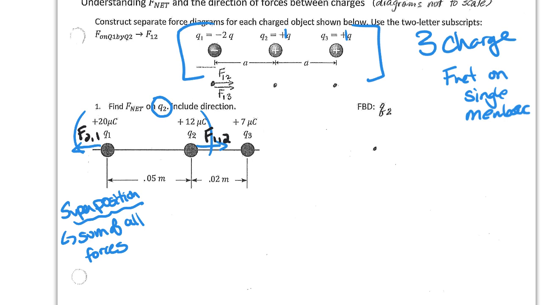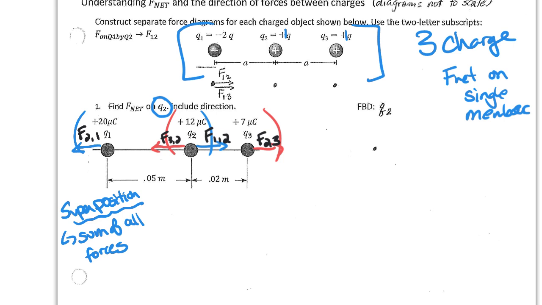I'm going to use color. So we just examined what 1 and 2 do to each other, but we ignored 3. Now what I want you to do is to ignore 1 and ask yourself, what does 2 do to 3? And those are also both positive, so they also repel. And let's label this one. This is force 3,2, and this is force 2,3.